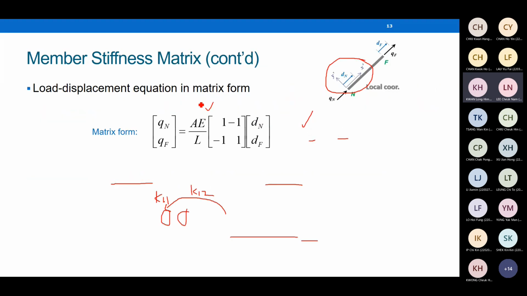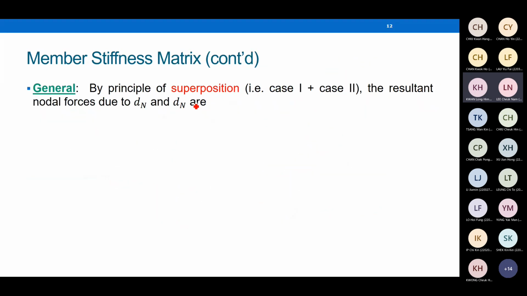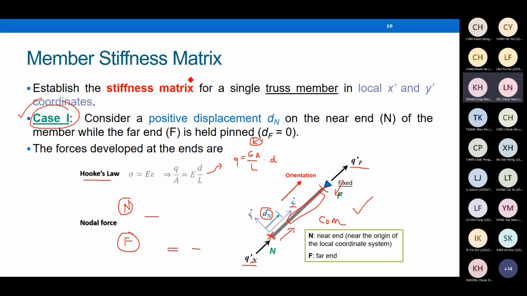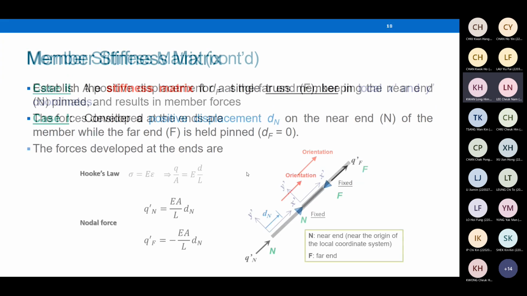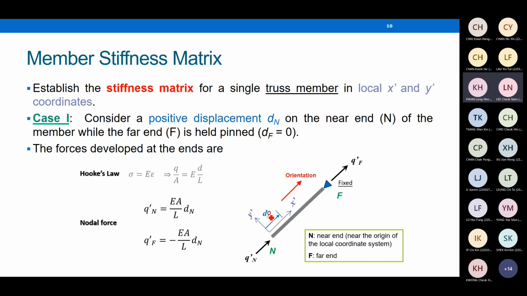What does it mean? When we derive the equation right here, you can see that if you change the displacement to 1, then the force becomes the stiffness terms, right? The stiffness actually means force per unit length.